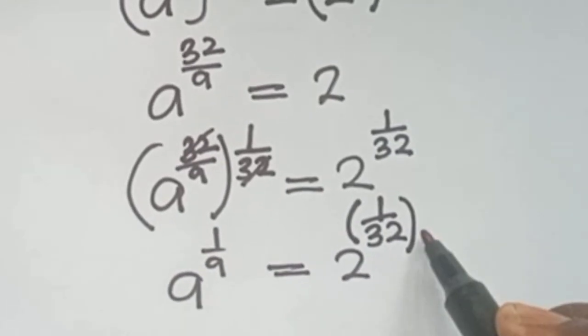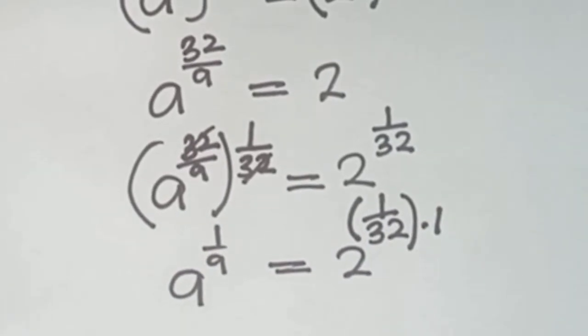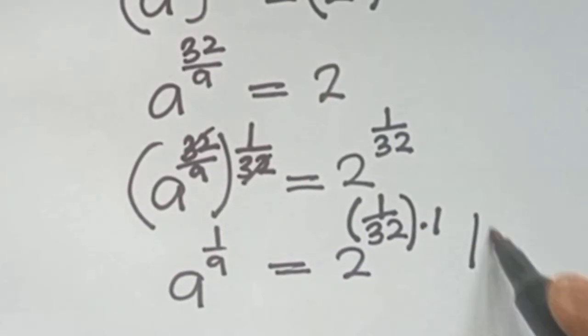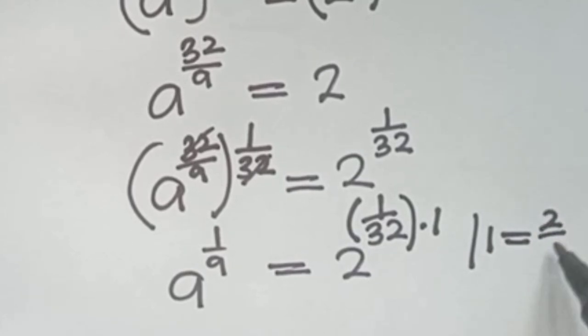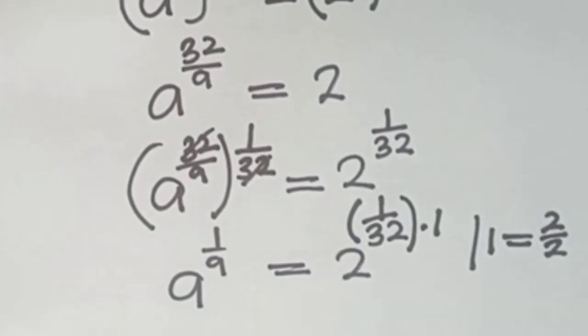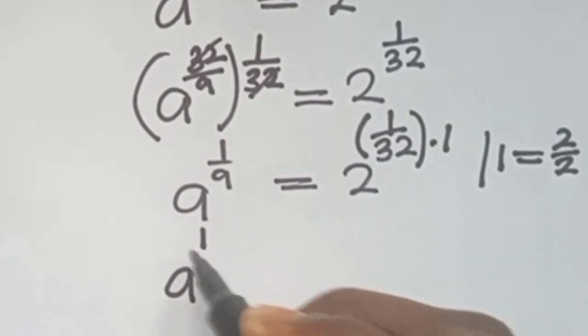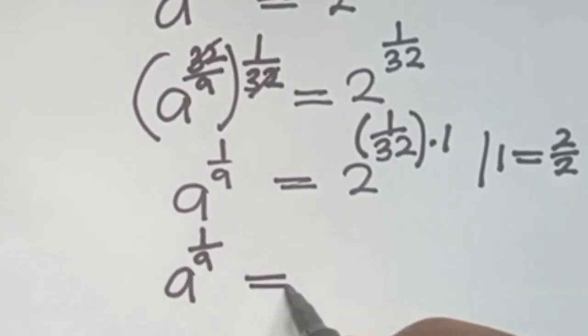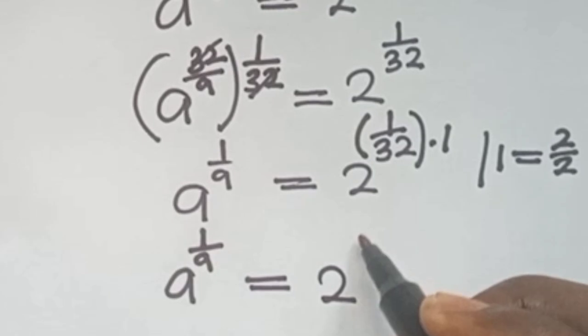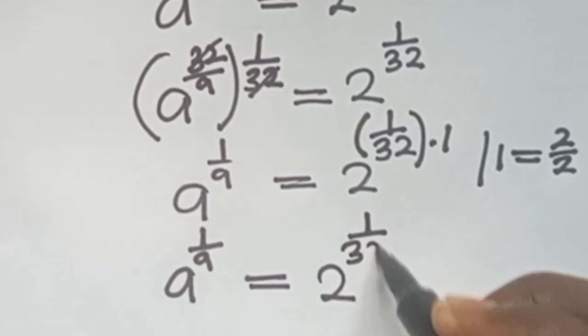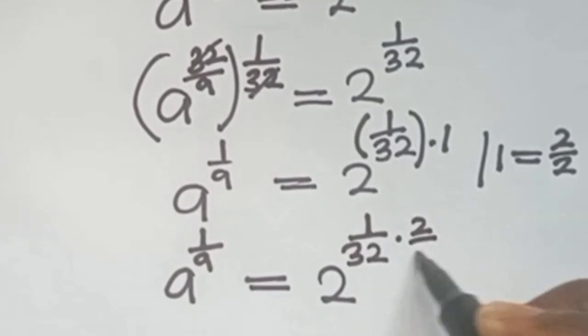And this also can be written as times 1. And we're going to replace 1 as 2 over 2. So that the next line becomes a to the power of 1 over a equals 2 to the power of 1 all over 32 times 2 over 2.